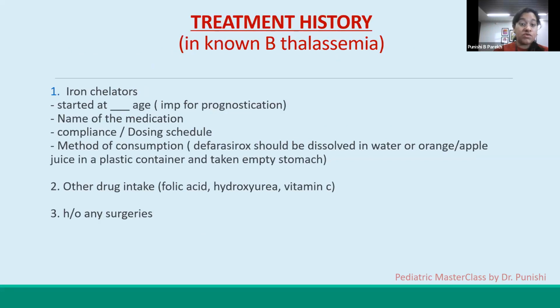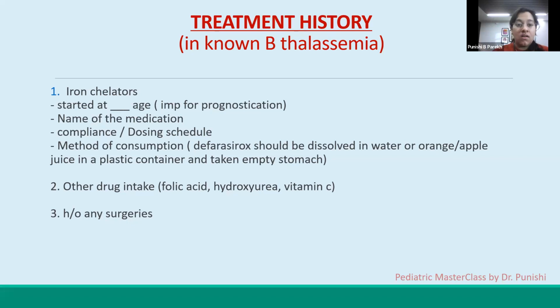When you're talking about treatment history for a known beta thalassemia, along with blood transfusion, another mainstay of therapy in beta thalassemia is iron chelation. It's extremely important because at the rate at which we're giving blood transfusions, the body is not able to eliminate all the extra iron, which starts getting accumulated in the body. And iron is known to be toxic.